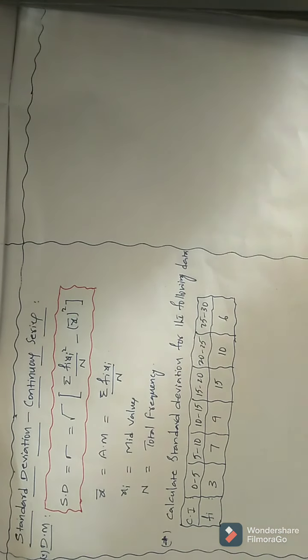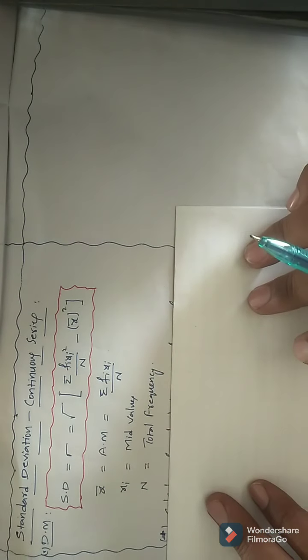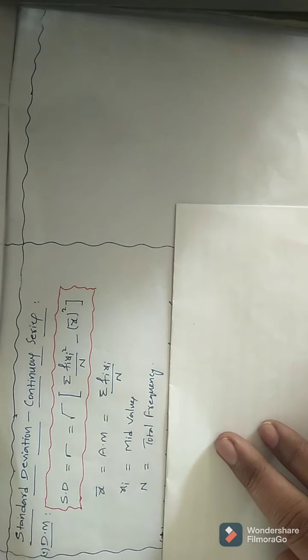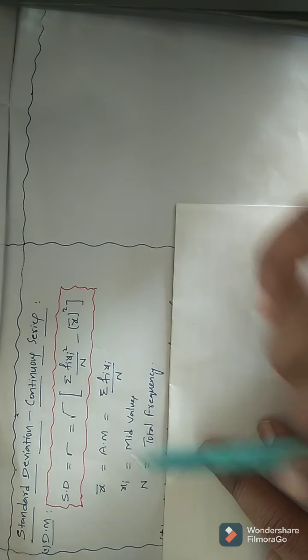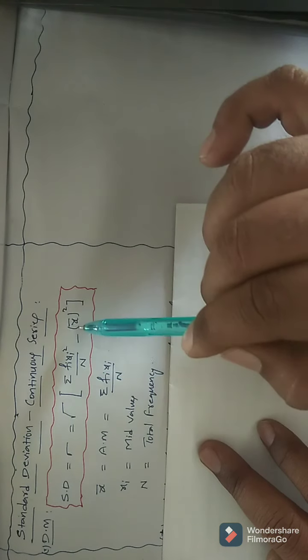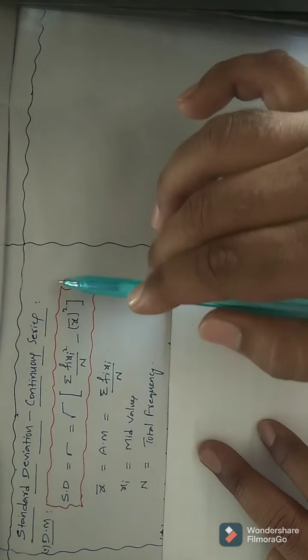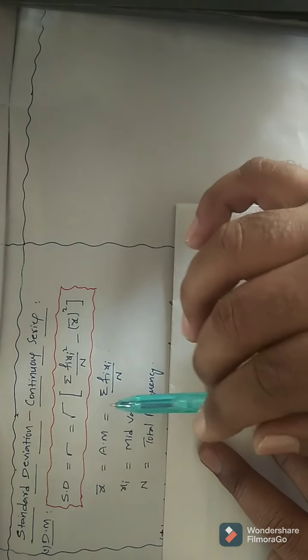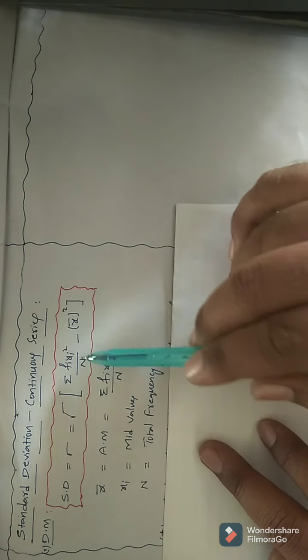Now, here, what is sigma? Square root of sigma fi xi square by n minus x bar whole square. If you want, you can extend the entire root here. This is one of the ways of writing the formula. Now, what are xi values?